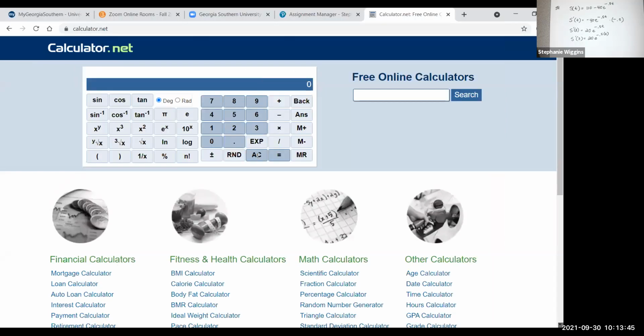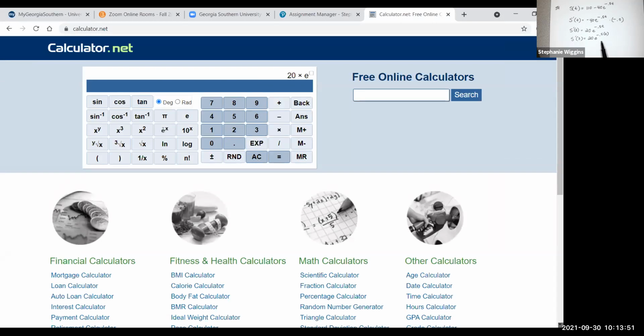All right, so we have 20 times e to the power of negative 1.5. And we get 4.46.